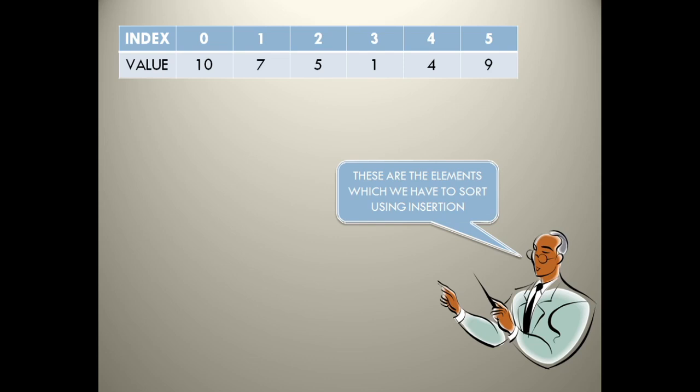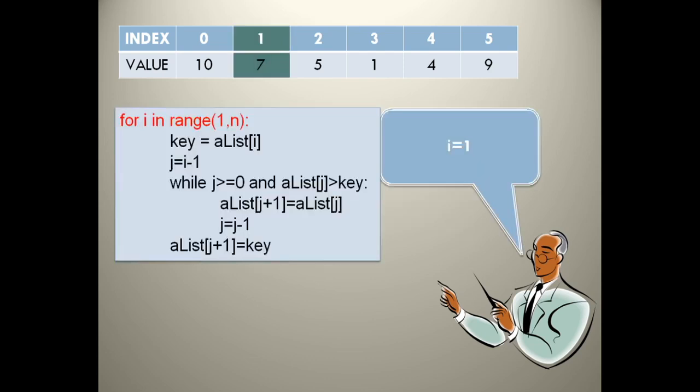Now this is your program or algorithm or function, whatever you can say. As I told you, the 10 is the sorted part and from 7 onward it is the unsorted part. Now the front element of the unsorted part, what is that? 7. That will be taken as key.